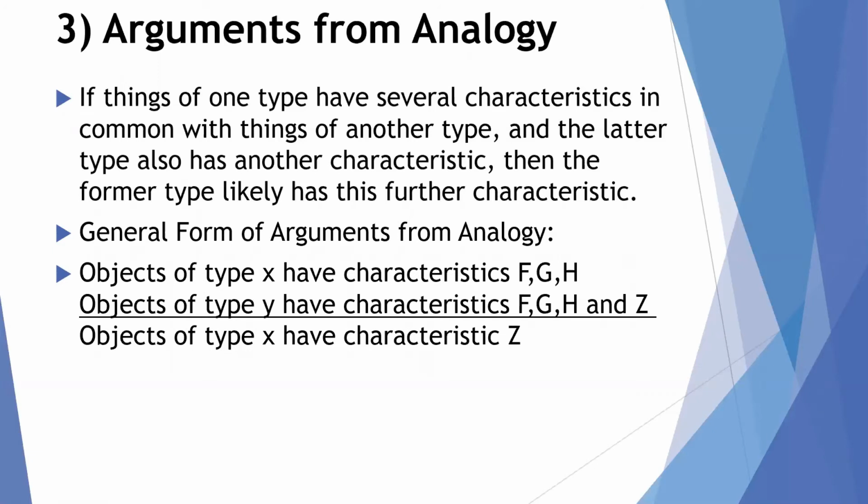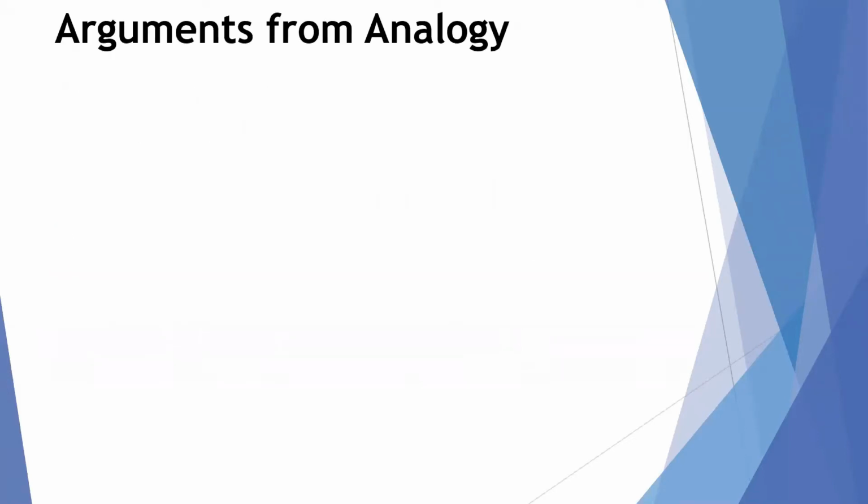We have objects of type X that have characteristics F, G, and H, and then we know of another group, objects of type Y, that have those same characteristics F, G, and H, and also Z. If those are the case, then we can conclude that objects of type X also have characteristic Z.